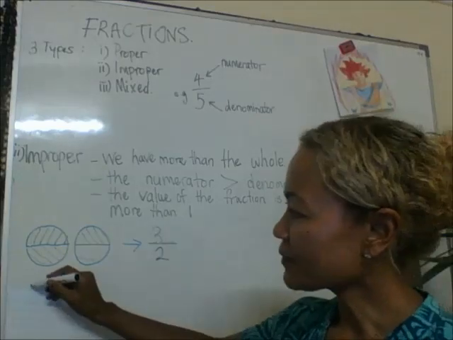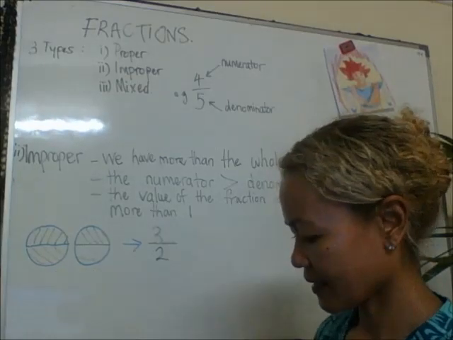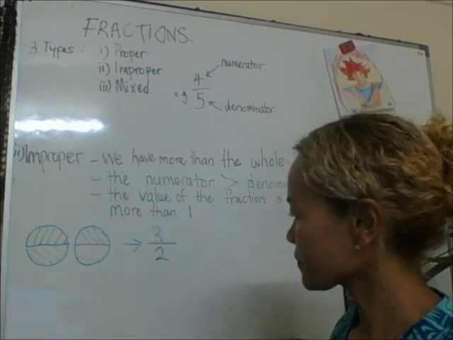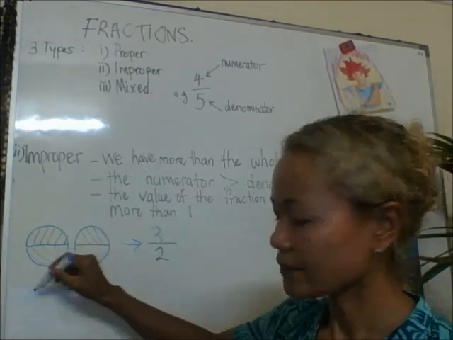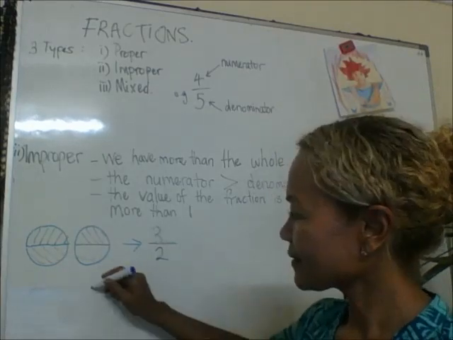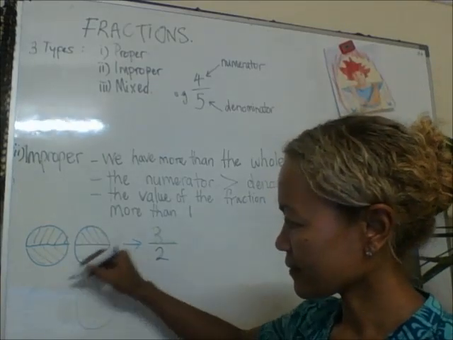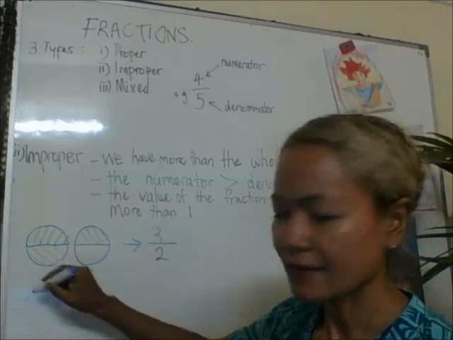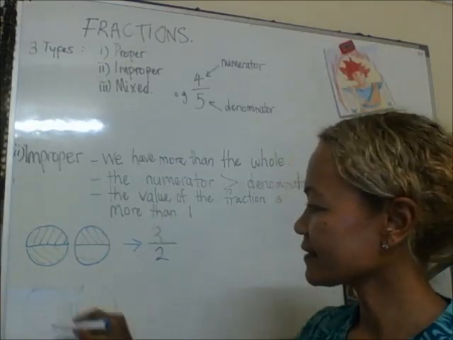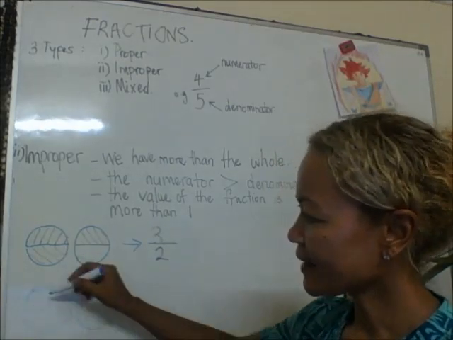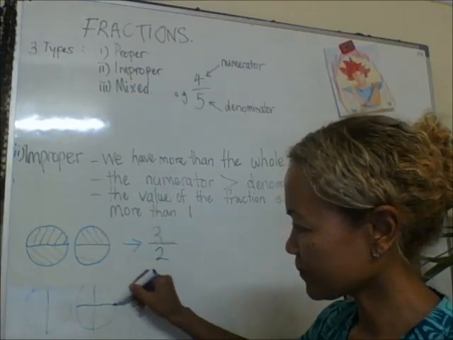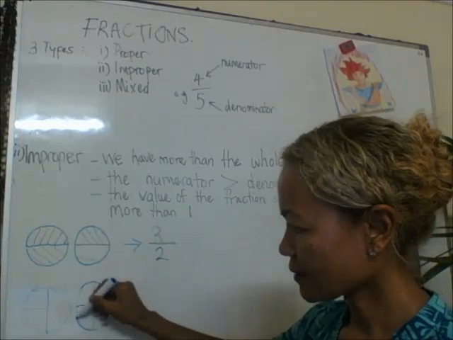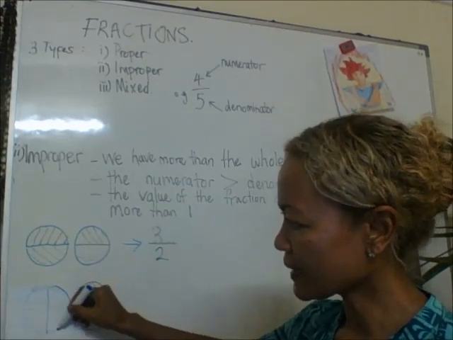Let's have another example. 2 circles there. Say we split them into 4 equal parts.